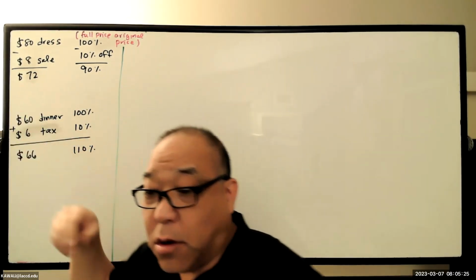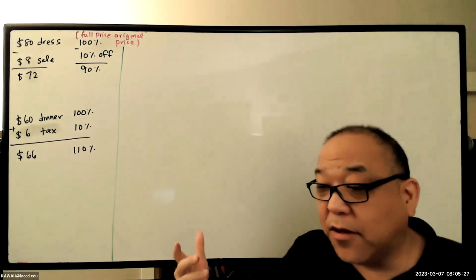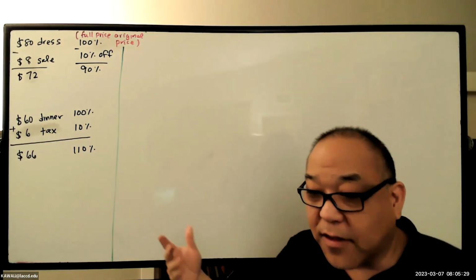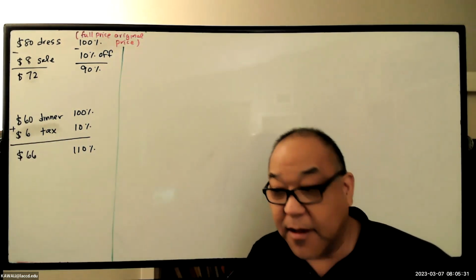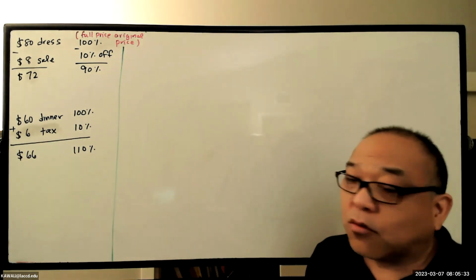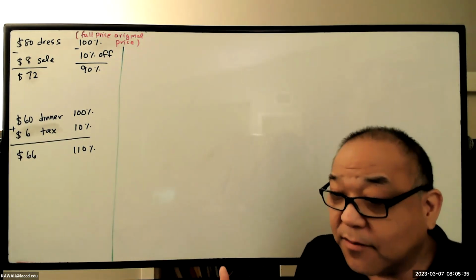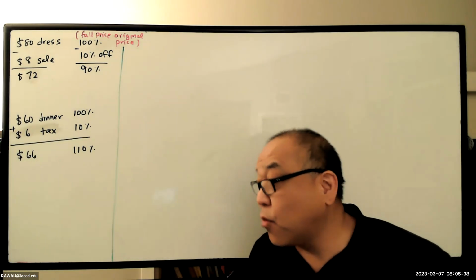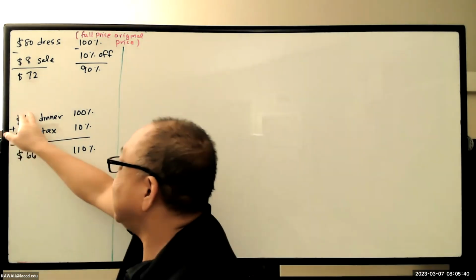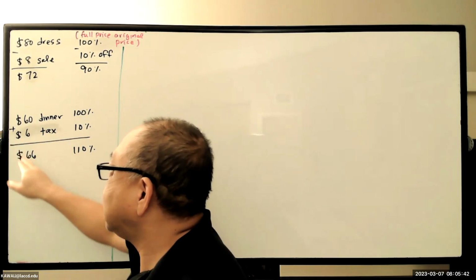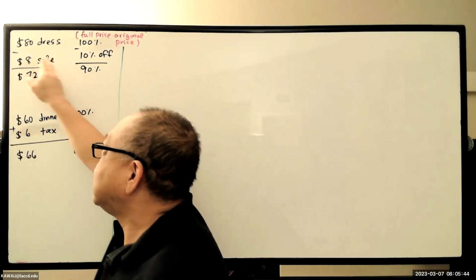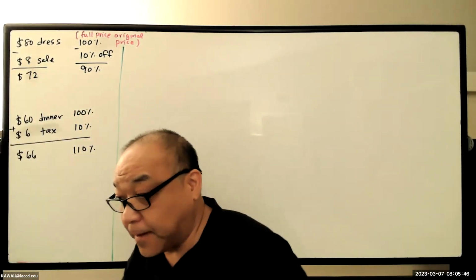Normally the teacher would give you a little rhyme or acronym that says this times this percent is equal to this, and then you add them, or this times this percent is equal to this, and then you subtract it.